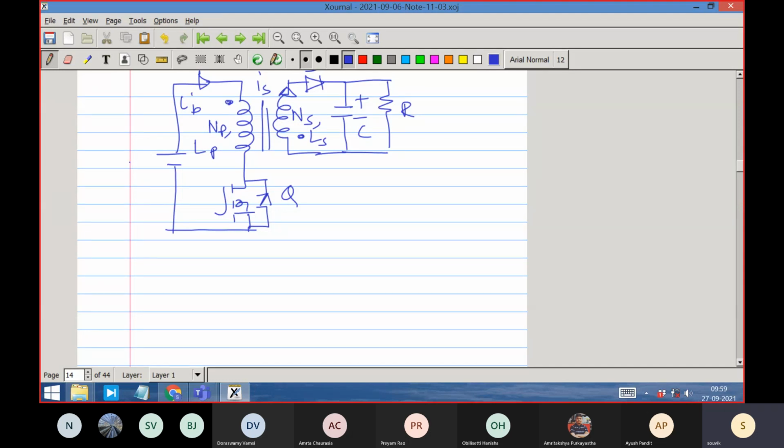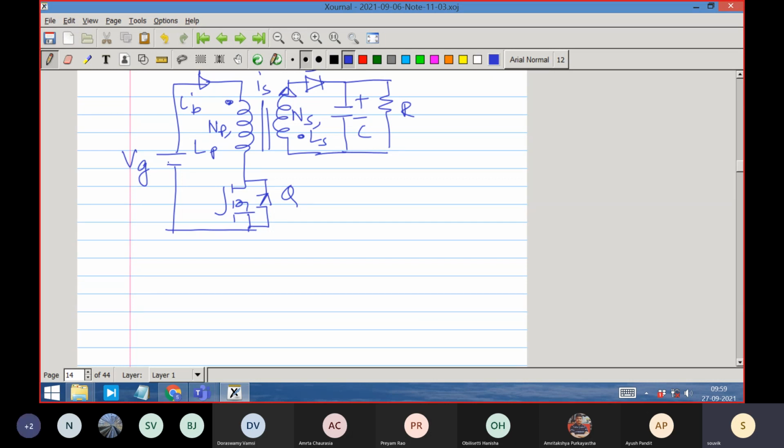So in the last class we were talking about the flyback converter. The flyback converter is an isolated converter, but a very unique one, because here the isolation is accomplished using the inductor. The inductor itself is a coupled inductor. It has two windings, and that's how we are isolating it.